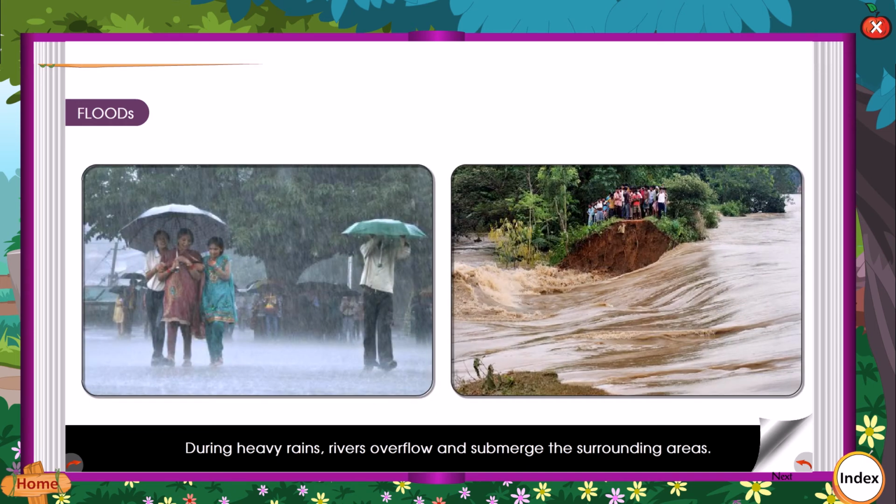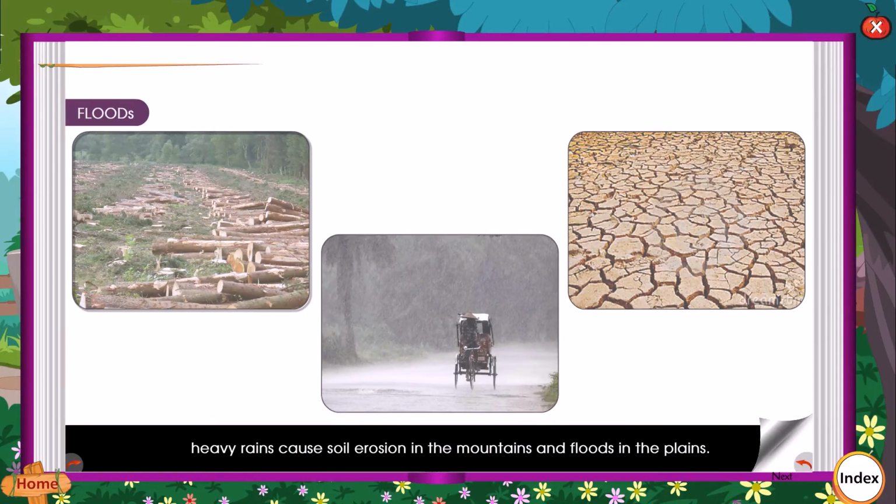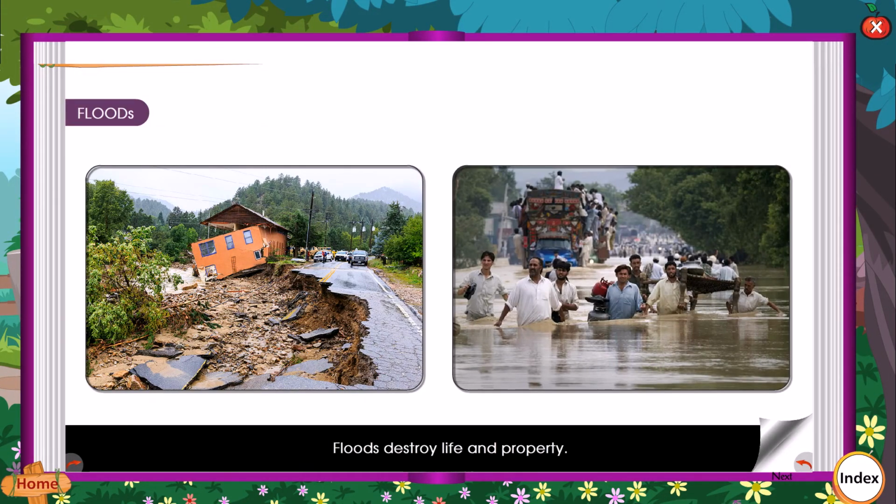Floods. During heavy rains, rivers overflow and submerge the surrounding areas. As a result of deforestation, heavy rains cause soil erosion in the mountains and floods in the plains. Floods destroy life and property.